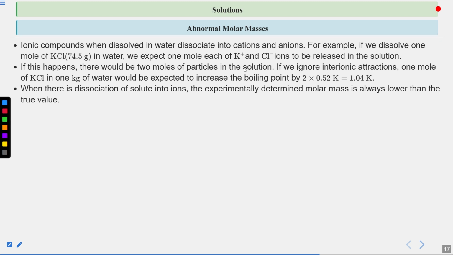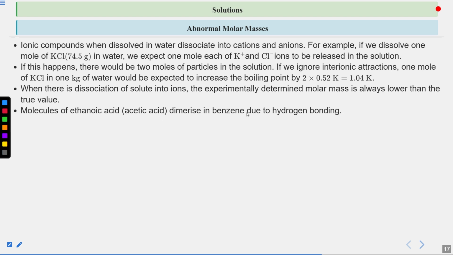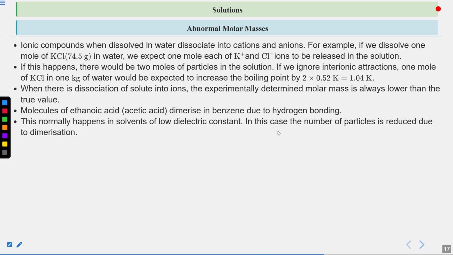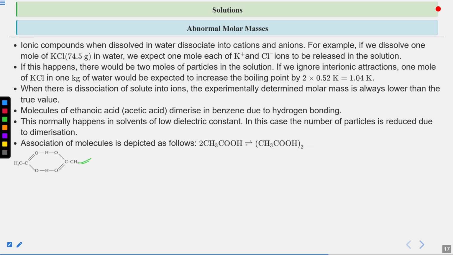So remember students that due to this increase in the number of solute particles, the molar mass is always lower than the true value. Similarly, in the case of benzene, there is an association due to hydrogen bonding, and as a result there is a decrease in the number of particles due to this dimerization, and hence this equation can be written for this dimerization, and this is your dimerized molecule.